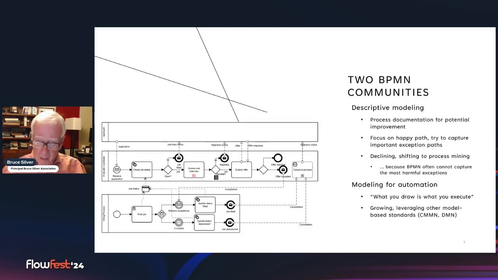But BPMN diagrams also contain gateways and events that define exception paths. Since remember, every instance of the process must follow some path drawn in the diagram. Even so, in reality, you're never going to capture all the exceptions that way, especially the most problematic ones.